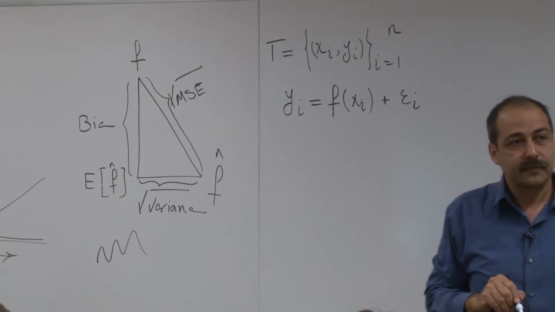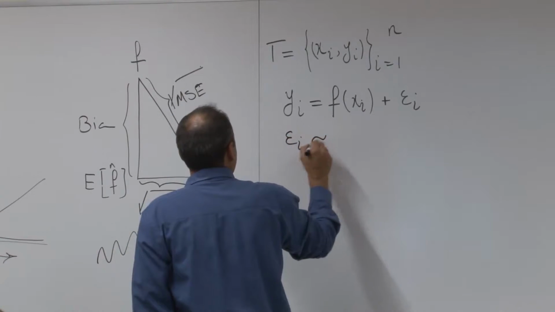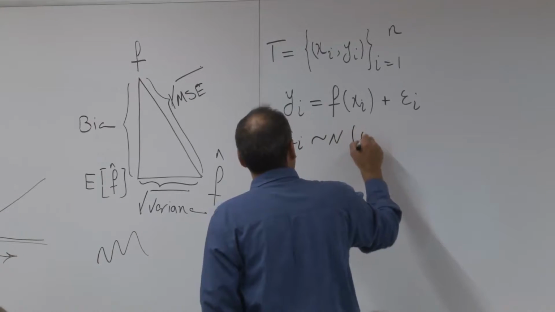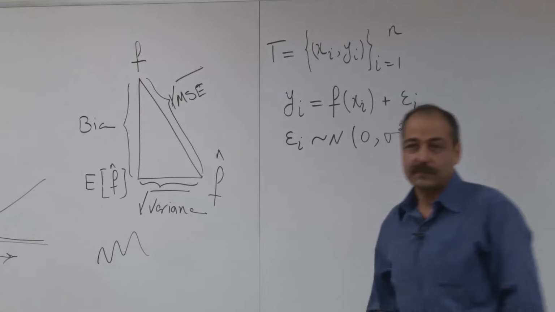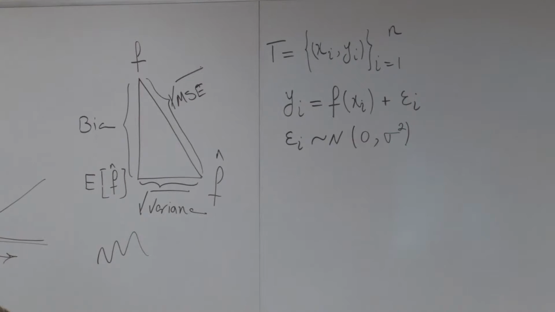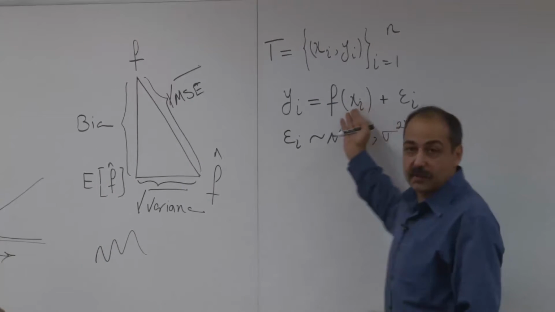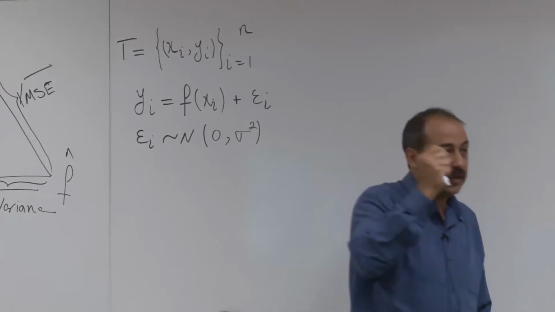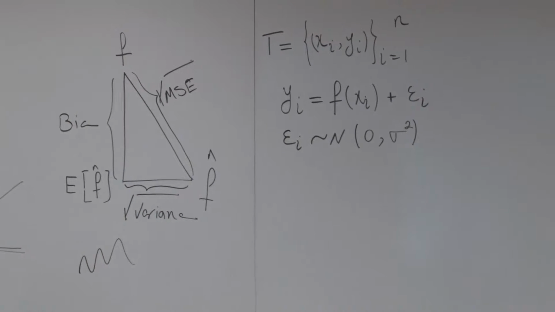For simplicity, I assume that this noise is Gaussian noise centered at 0 with variance sigma squared. So from this true function, on different data points xi, we have an output, but this output is not perfect when we observe it for learning. It has been distorted by some noise.